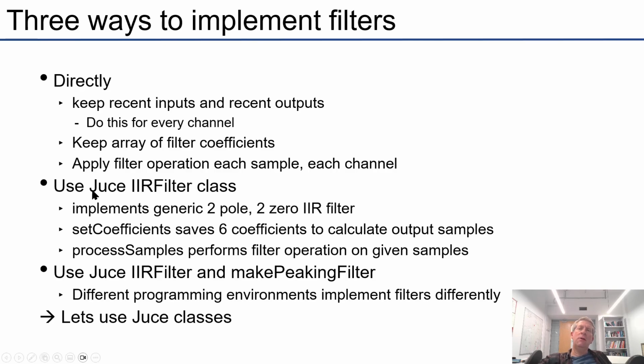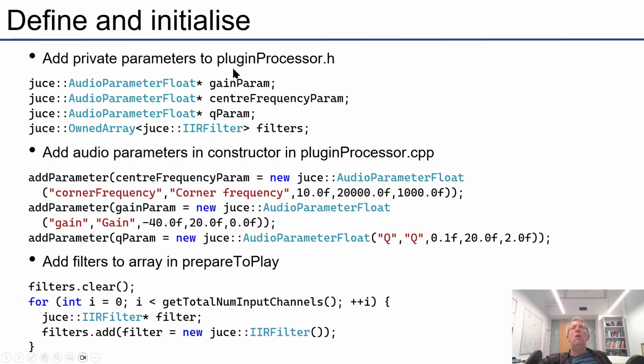Let's go ahead and look at the middle one where we're using the Juice IIR filter class. We first specify the parameters on the interface. We add parameters for center frequency, gain, and Q for the interface. And we add the filters that we will need for each channel in Prepare to Play.